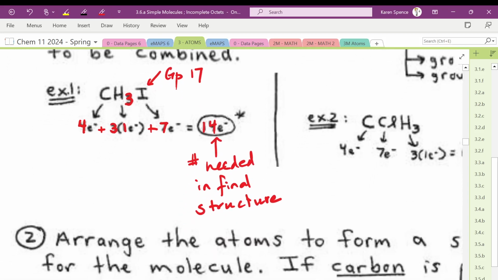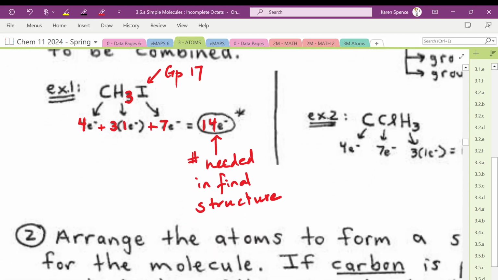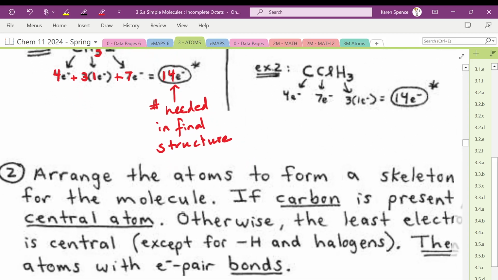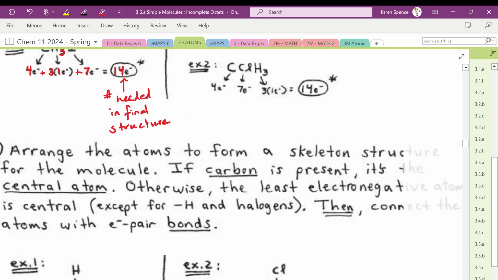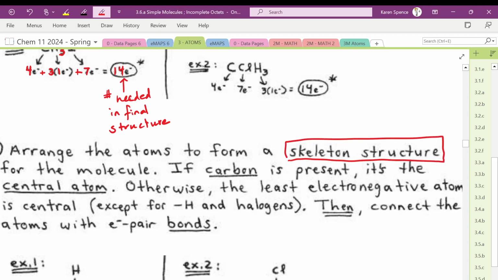Now, part of the tricky bit is to arrange the atoms. So you have to figure out where they all go in relation to one another, and we form what we call a skeleton structure. Now, remind me about carbon.